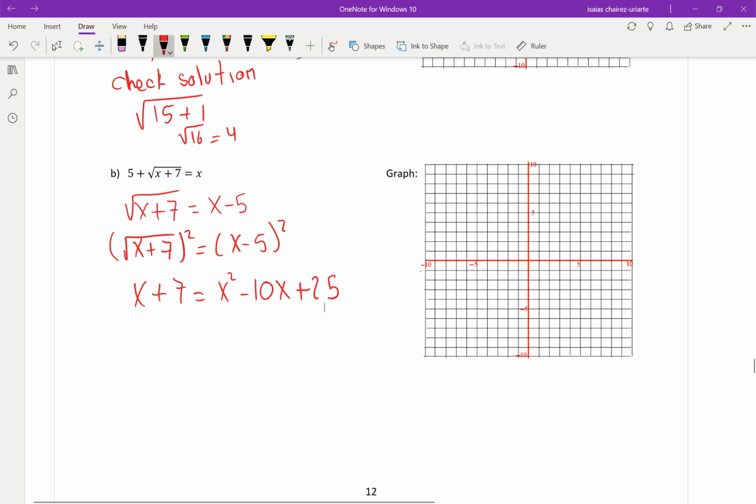Okay, now I have a quadratic which I'm going to set equal to 0. So I'm going to subtract x and I'm going to subtract 7. Okay, so I should have 0 equals x squared minus 11x and then 25 minus 7. That's going to be 18.